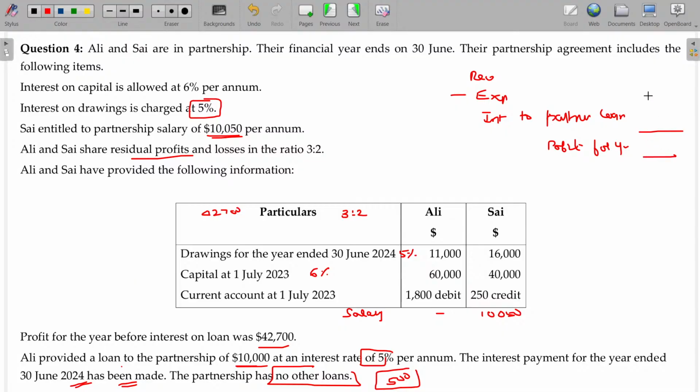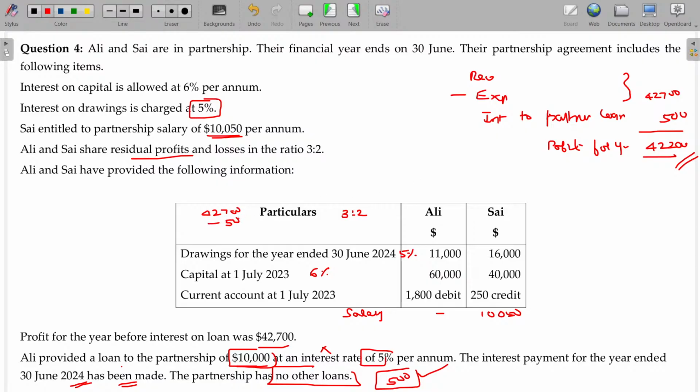In this case, revenue minus expenses being 42,700, interest on partner's loan 10,000 into 5%, 500 rupees, is not yet subtracted. So you have to subtract that also to find the profit for the year. The profit for the year is 42,200. Hope you are now able to understand. So this will not be part of appropriation. It should be adjusted ahead of calculating the profit for the year.